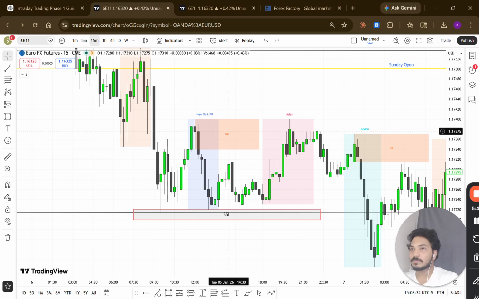We have this high formed here as well, so we see some buy side liquidity above this high.